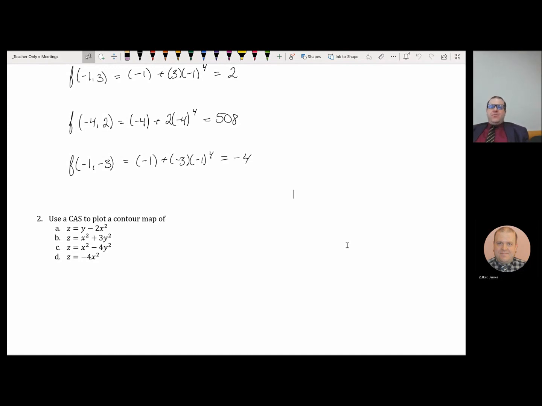We also have level curves. Level curves are essentially a shadow on the xy plane. Every three-dimensional object has an infinite number of level curves.